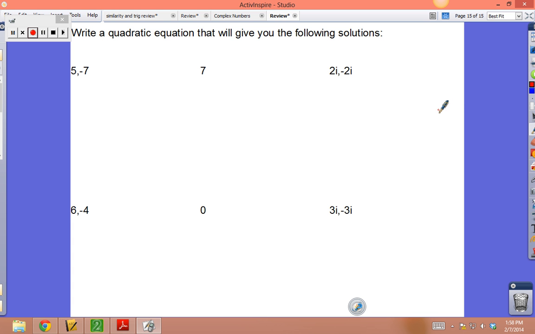Preston, what's going to give you 2 imaginaries, negative 2 imaginaries? x squared is negative 4. That'll do it. If you square root this, you'll get x equals plus or minus square root of a negative 4. Square root of a negative 4 is 2 imaginaries. So you have plus or minus 2 imaginaries.